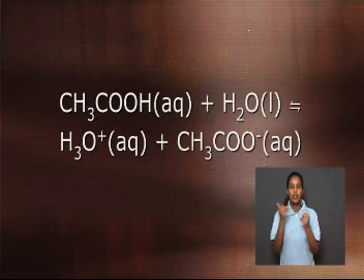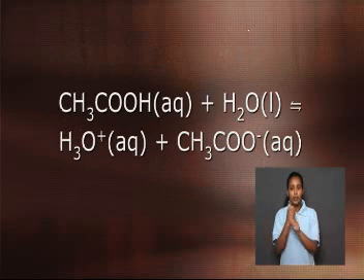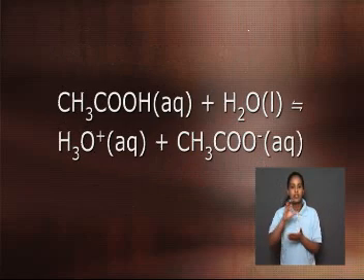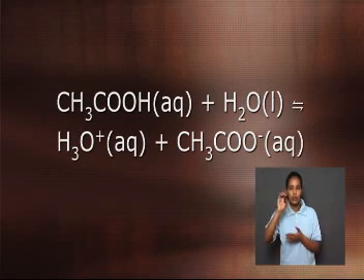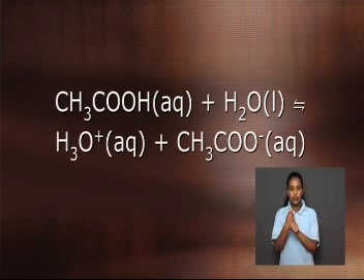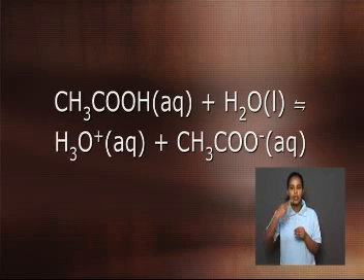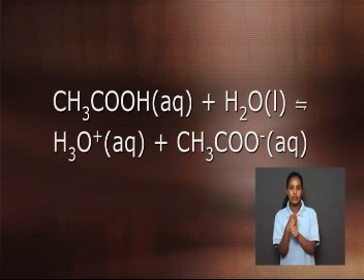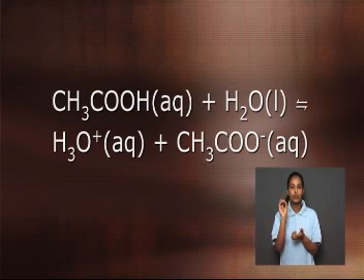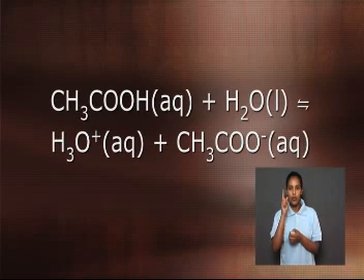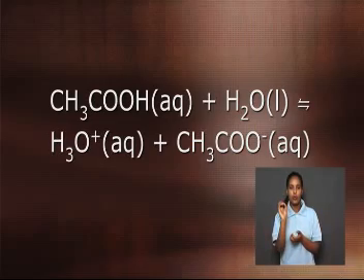Let us continue by demonstrating the buffer action between acetic acid and sodium acetate. In order to do this, we will calculate the pH of a buffer system that contains 1.0 moles of acetic acid and 1.0 moles of sodium acetate.